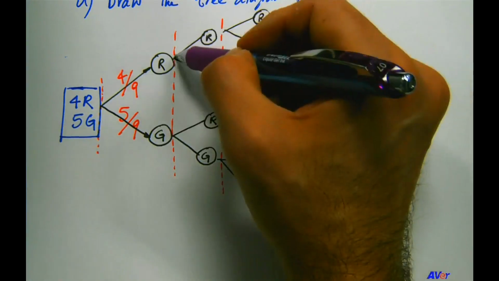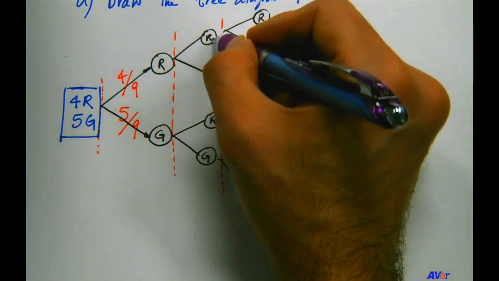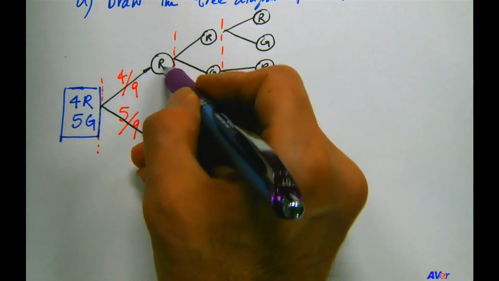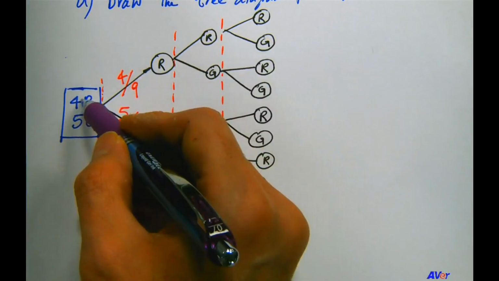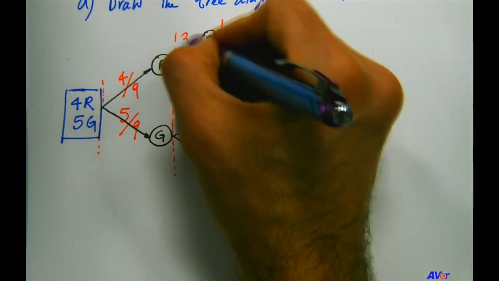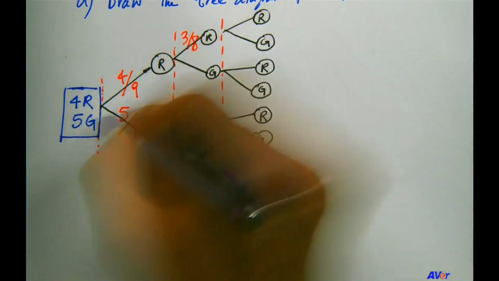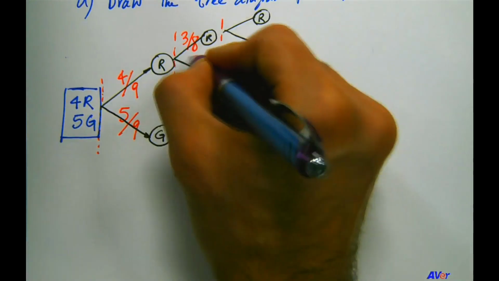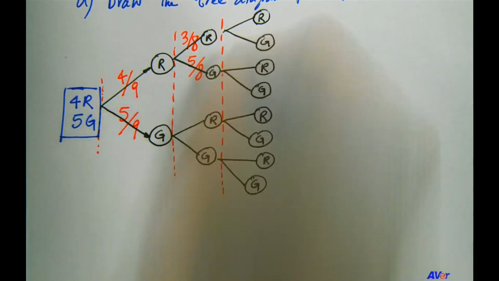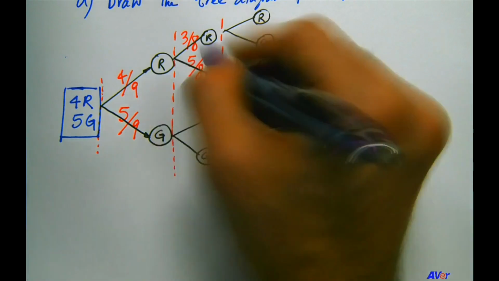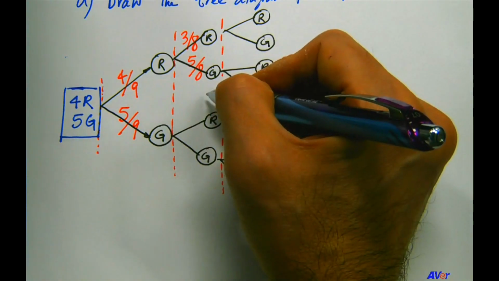So to get another red one out, now that one red object is out, the probability is 3 out of 8, right? The 5 greens are still there in the container, so 5 out of 8 is the probability of getting a green object out.